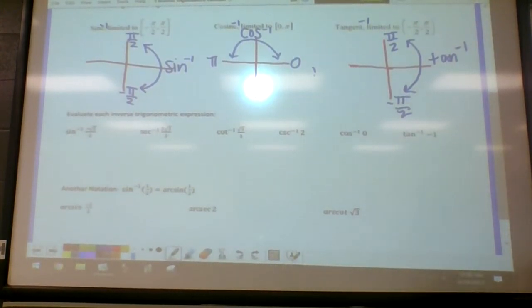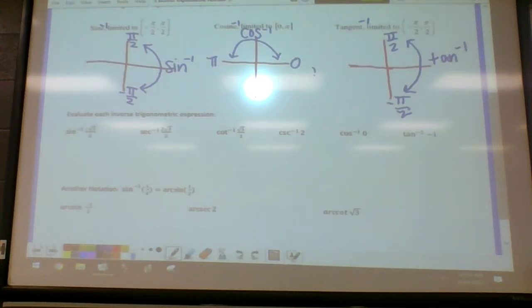All right, we're going to go ahead and start evaluating some of these inverse trig functions. So the first one is sine inverse of negative square root of 3 over 2. Now there's two places on the unit circle where sine is negative square root of 3 over 2, right? But we can't use both, and we're limited to, for sine, quadrant 1 and quadrant 4.